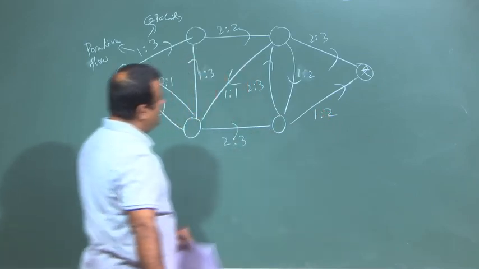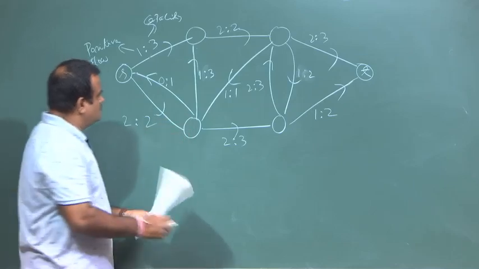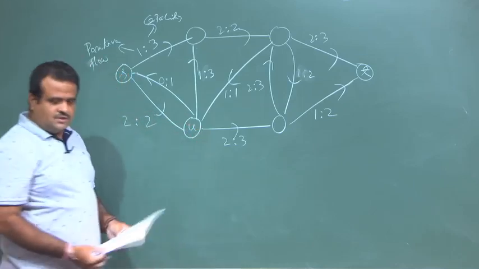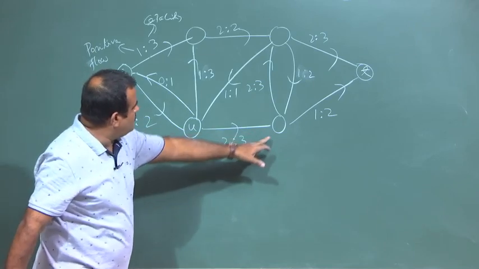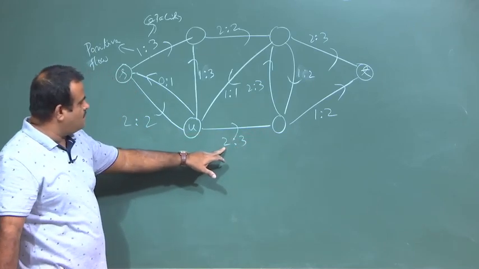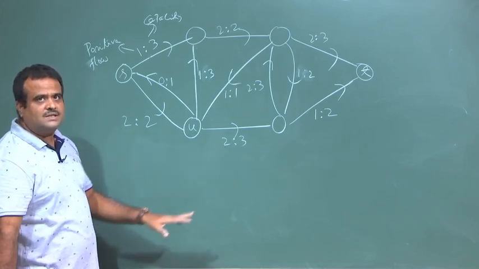So, this is satisfying the first condition. If you check every node, suppose this is u and this is v, for every edge the positive flow is less than the capacity. So, the first condition is satisfied.